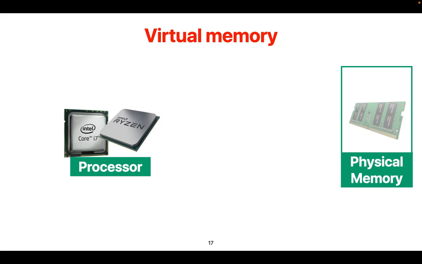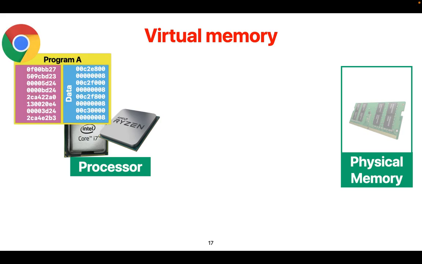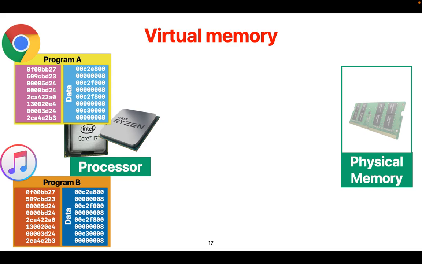Nowadays, when we create a process, say a program A, and start to run it, the system will create an instance of that program. That's called a process. If I have two different programs, obviously I have two different processes.